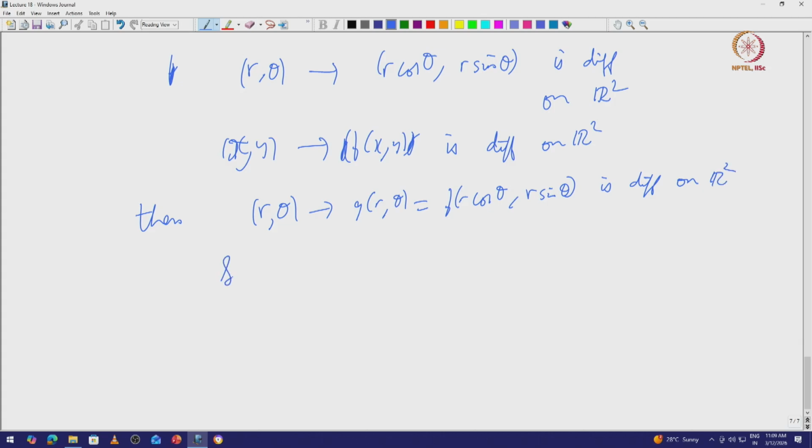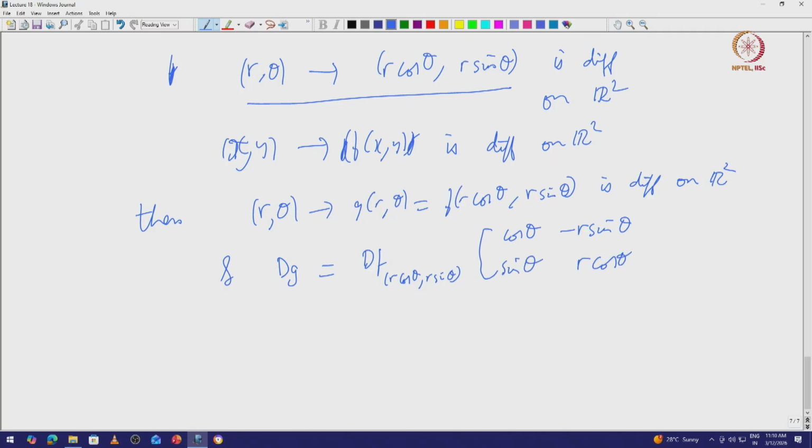And the derivative of g is the derivative of f at this point times the derivative matrix of this map, which is the gradient of the first component and the gradient of the second component, right, which is df by dx, df dy times this, and this is exactly what we expect the answer to be, right?